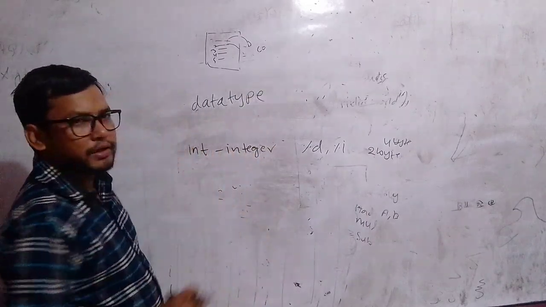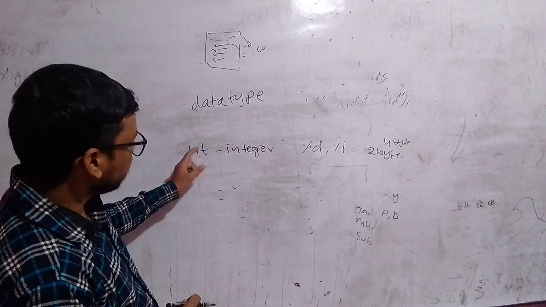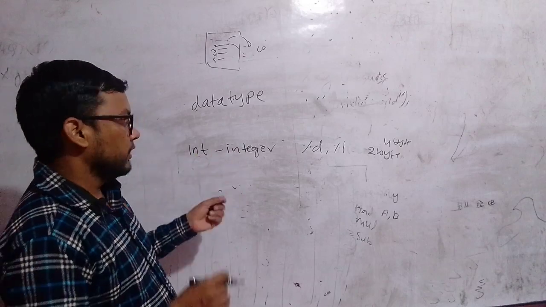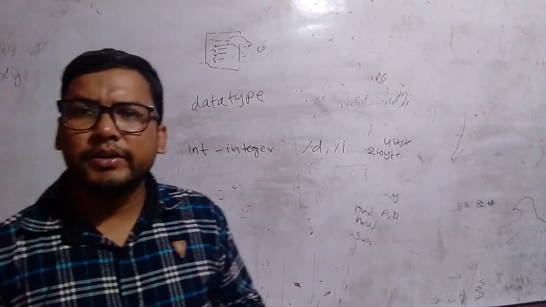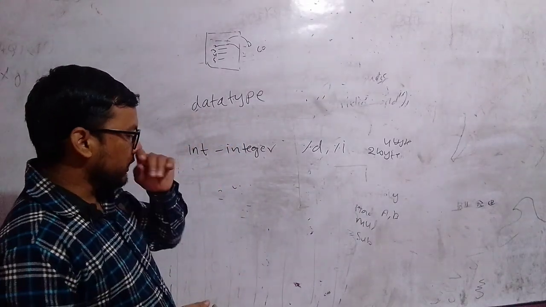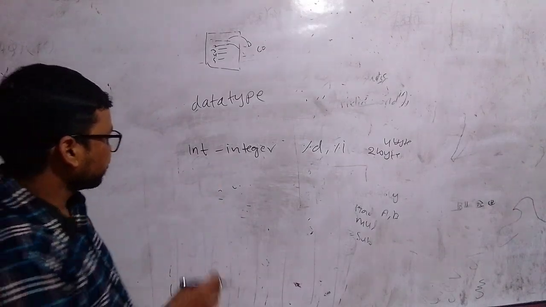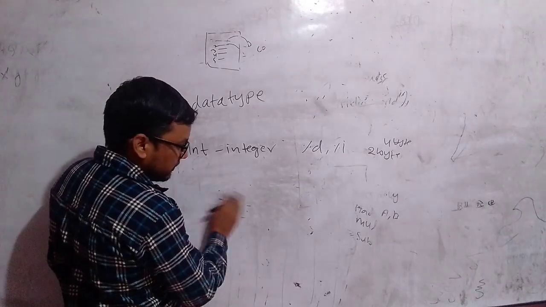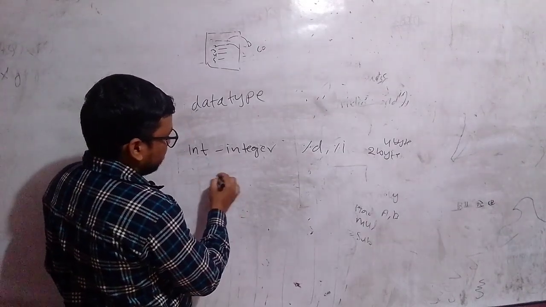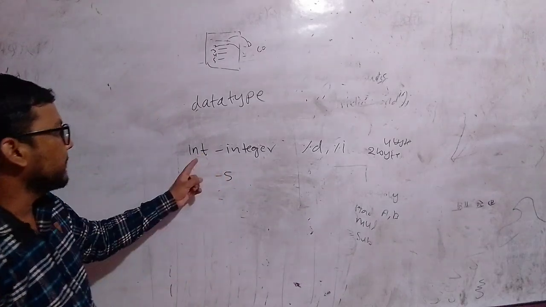This is unsigned. There are two types of data types. For example, int could be two types: unsigned and signed. Unsigned can only hold positive data, and signed means that it can hold both positive and negative values. Signed means -5, and this could also be an int. This represents the int, integer type.